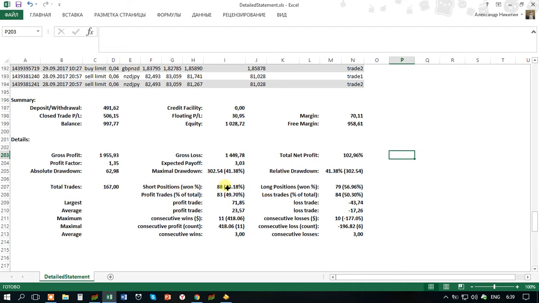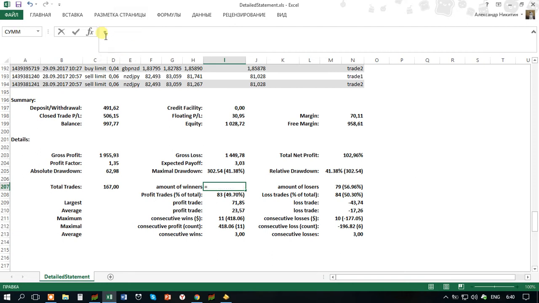So let's have it this way: amount of winners, and here we'll calculate the amount of losers. Let's calculate that. We still have this number, I don't want that number.